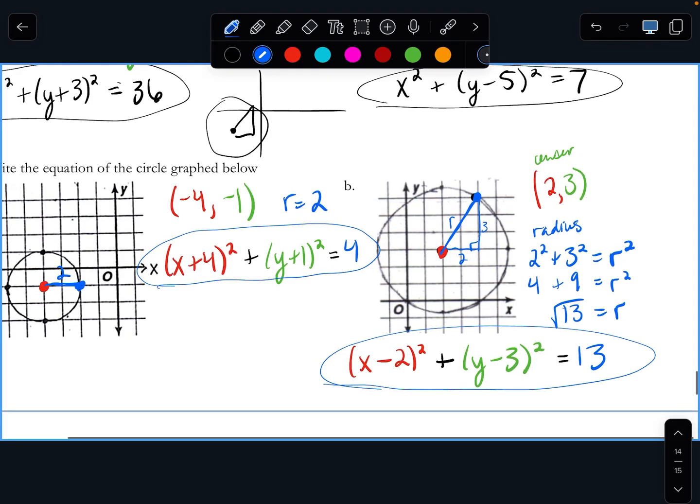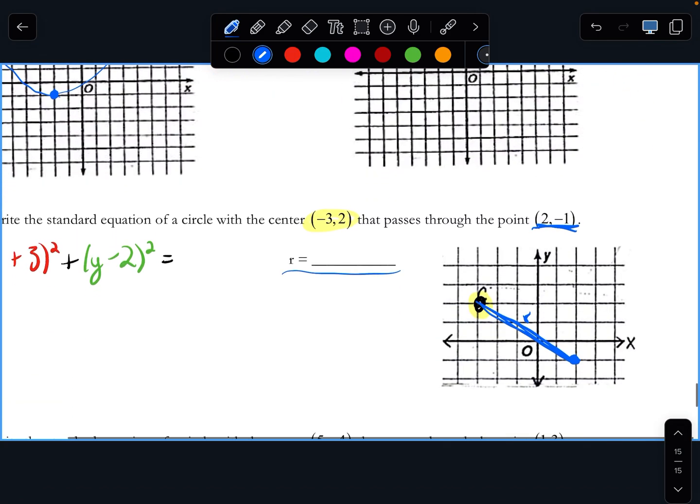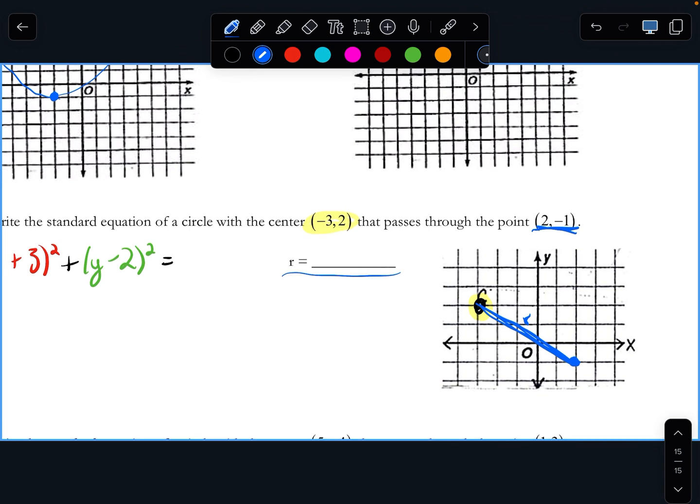Do a quick Pythagorean to get the radius with that particular point, because then you can put it in the equation. So you figure out this length, horizontal, and the vertical. So vertical is 3, horizontal 1, 2, 3, 4, 5. And you're going to go 3 squared plus 5 squared equals r squared.